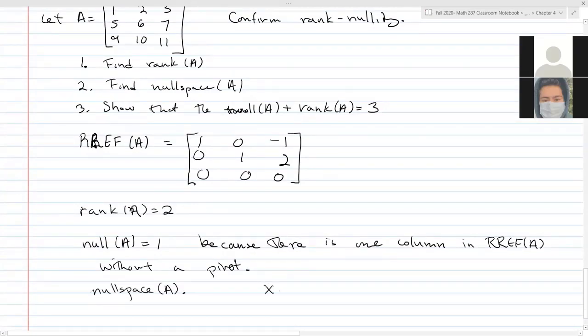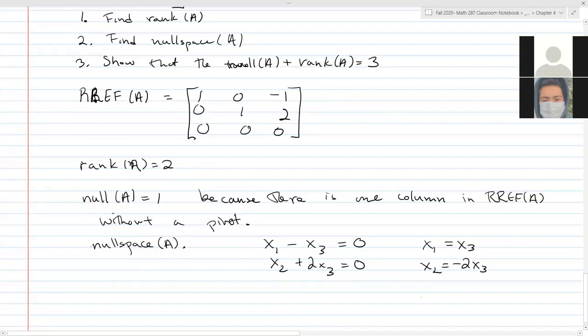So that's going to give me x1 minus x3 equals 0, and x2 plus 2x3 equals 0. So I get x1 equals x3, and x2 equals negative 2x3.